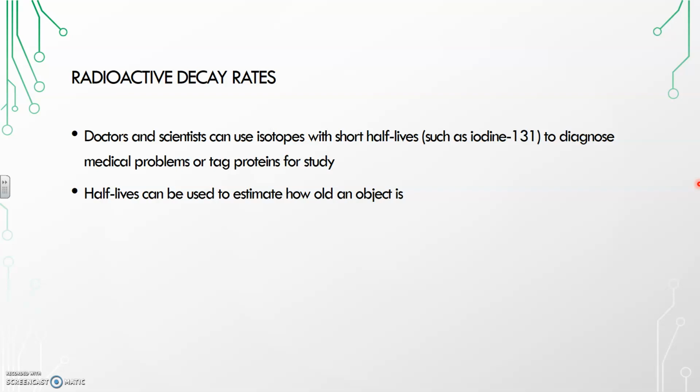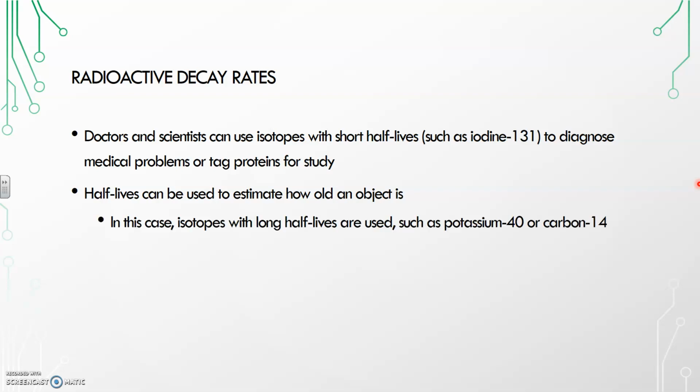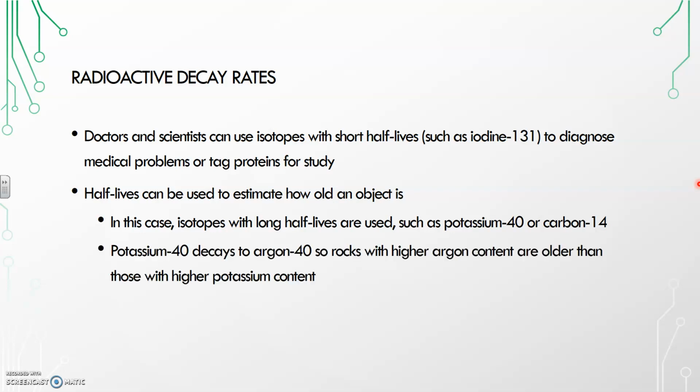Half-lives can also be used to estimate how old an object is. This is where you get into the carbon-14. In this case, you need isotopes with long half-lives, especially if you're dealing with more than just a couple thousand years. Potassium-40 or carbon-14 are most commonly used for this.